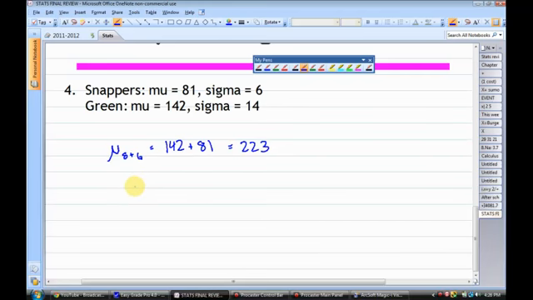All right, and this is where on your test you kind of bonked it. The variance of S plus G is equal to the variance of the snappers plus the variance of the greens.